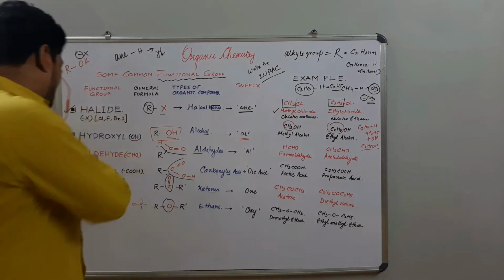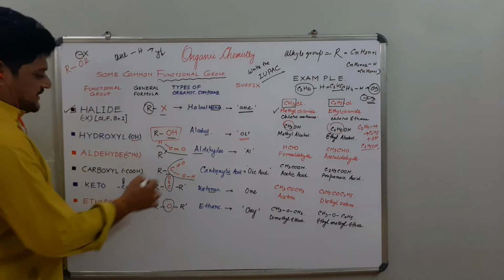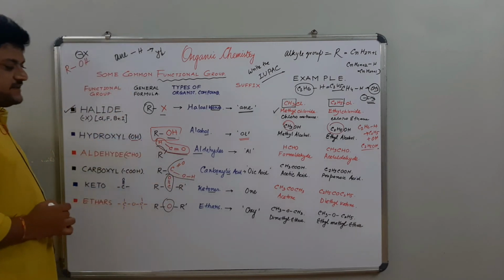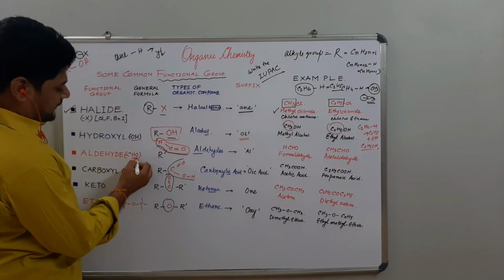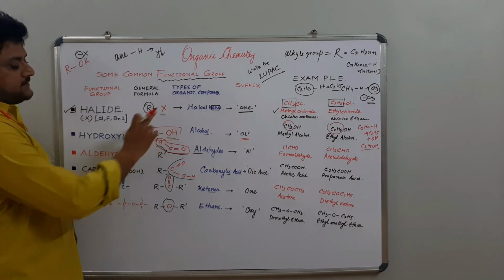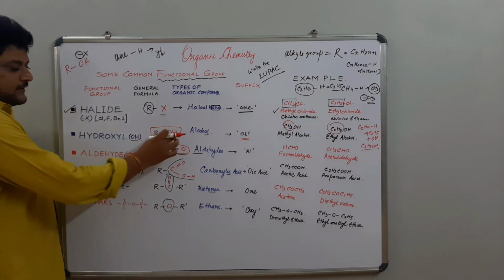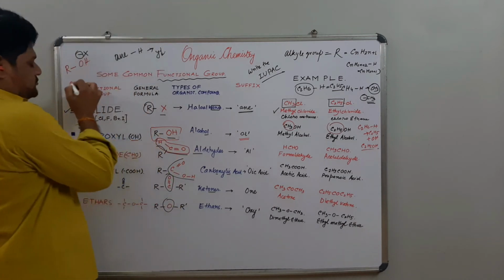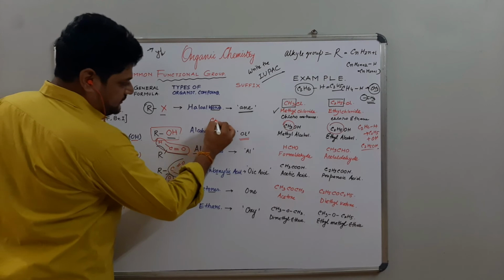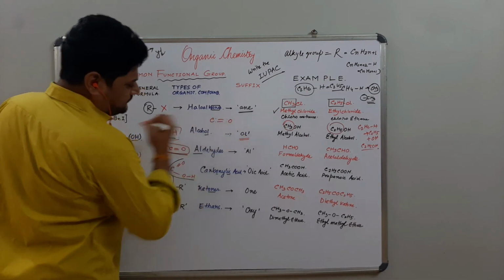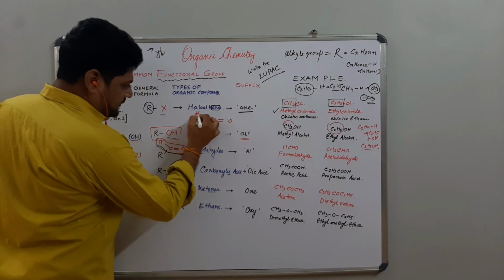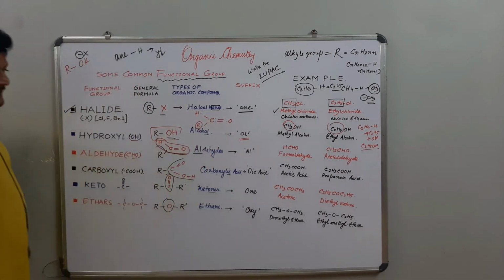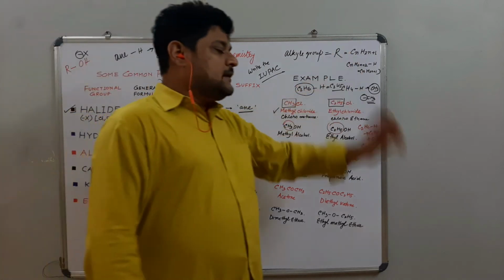Okay, then aldehyde, that is CHO. This is the structure of the aldehyde, CHO. Here it is not OH, they do not associate together like that. Here oxygen has two valencies, so C uses two valencies with oxygen, one with hydrogen and another with the R. R is nothing but the alkyl group.